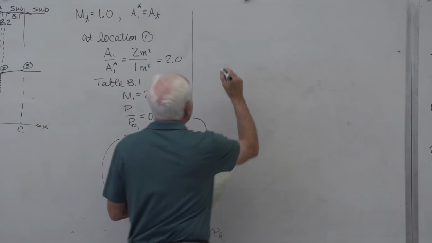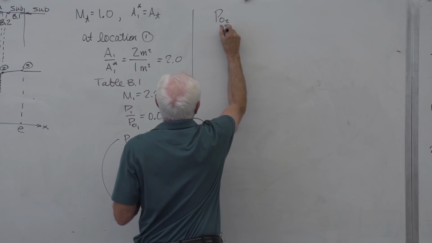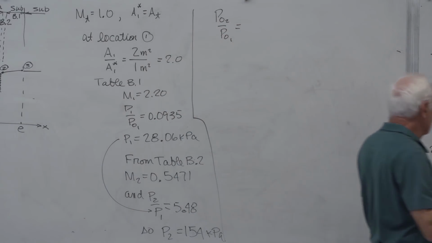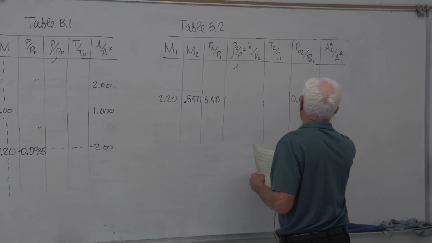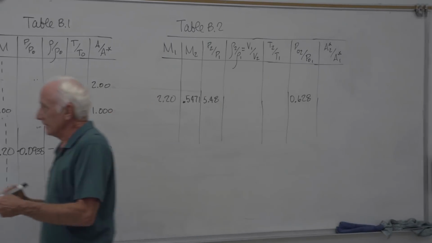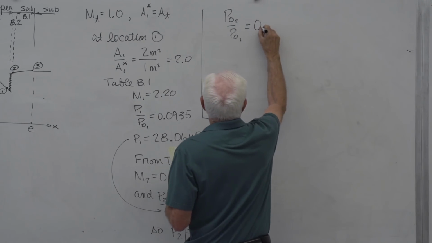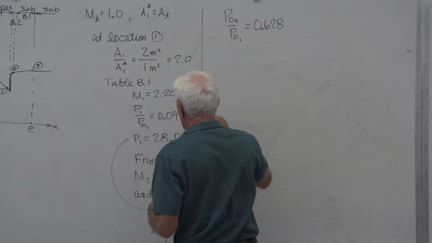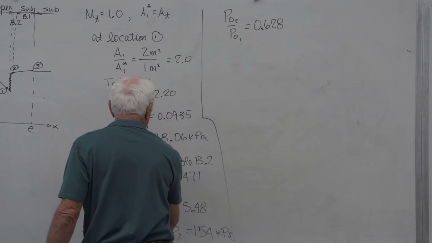Okay, I'm going to get P naught 2 over P naught 1, 0.628. This is all from table B2.